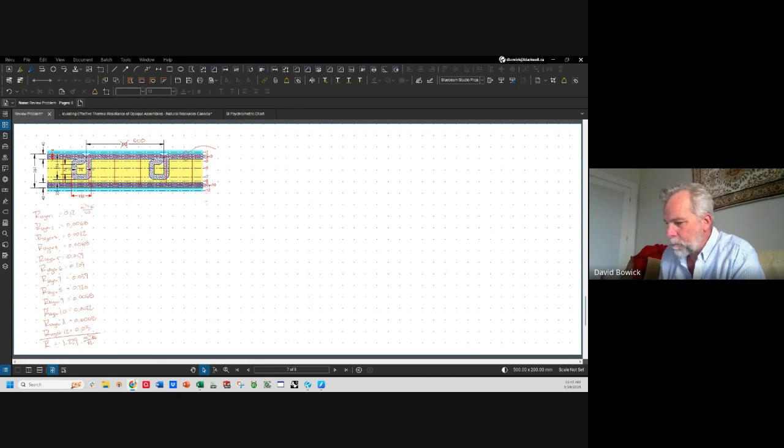To simplify the problem, I'm going to combine the three concrete layers into one for each of the shells.